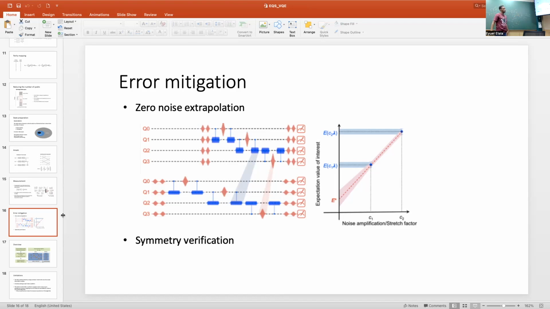Symmetry verification means we verify whether the output state is within the symmetry, since it's a symmetry preserving ansatz. If it's not, there is some sort of noise, so we have to correct these wrong results. If we construct a number of electron operator, project onto it and filter out these results, we can say it converges to the ideal expectation value.